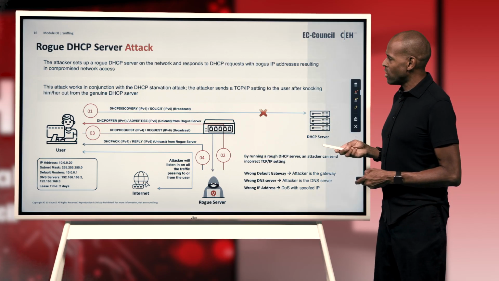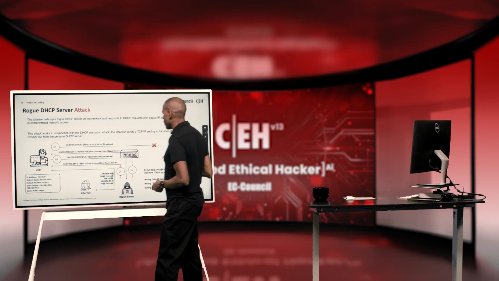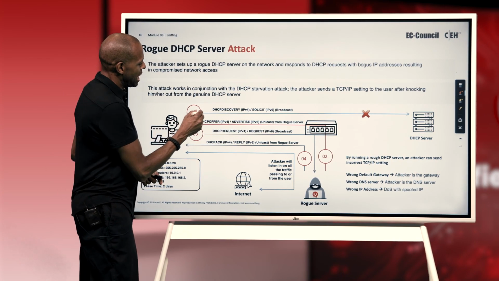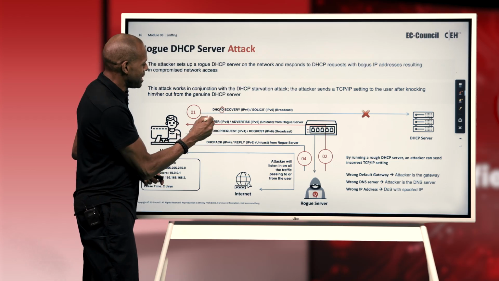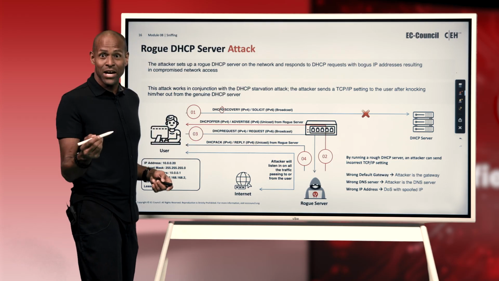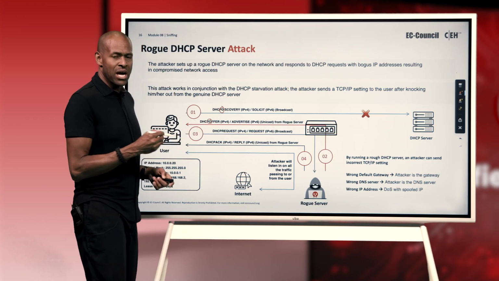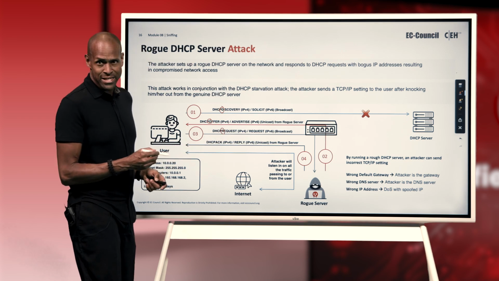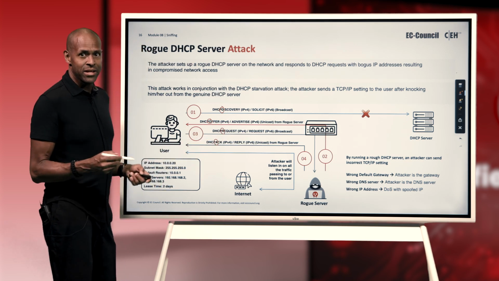And with DORA, we have these messages that are sent out. D for DHCP discover, O for DHCP offer, R for DHCP request, and A for DHCP ack.